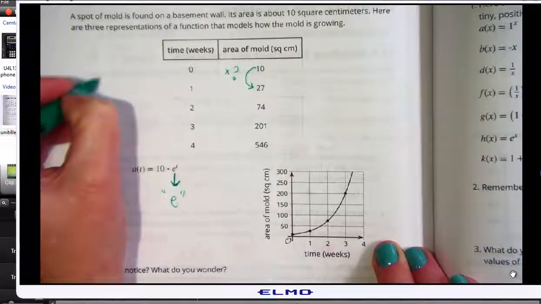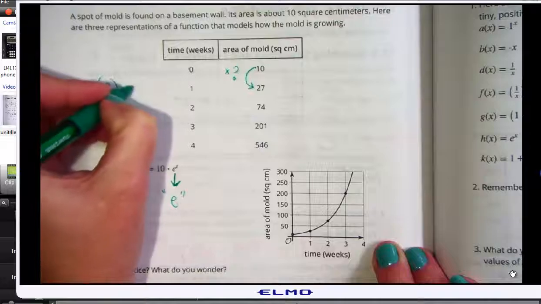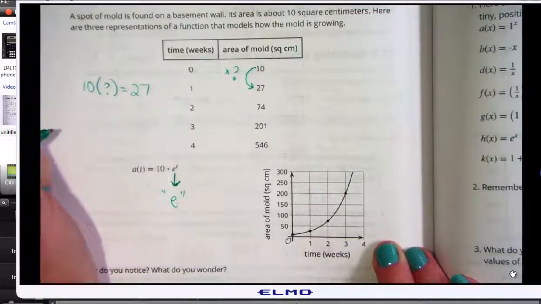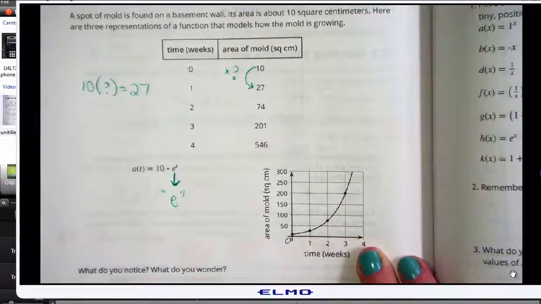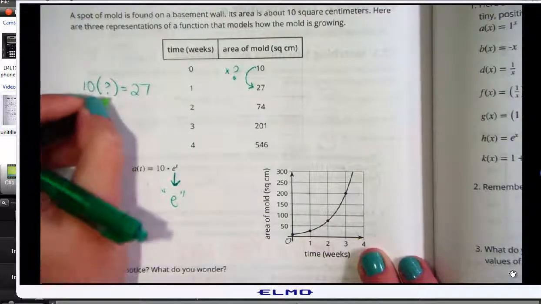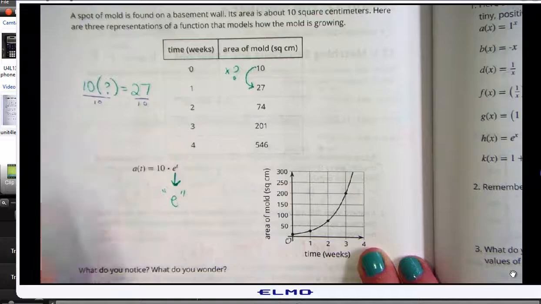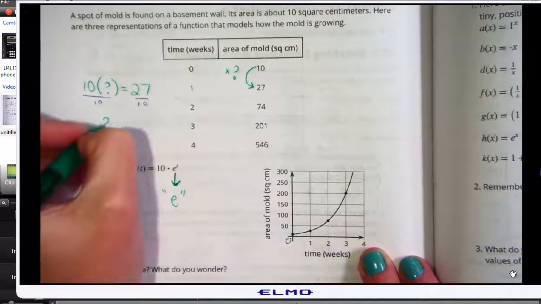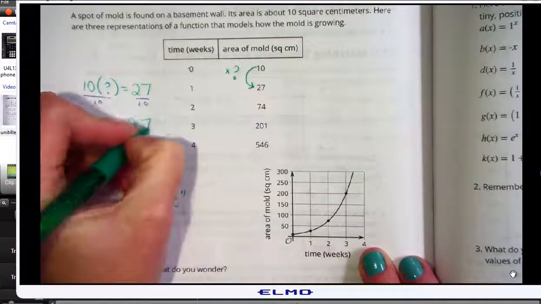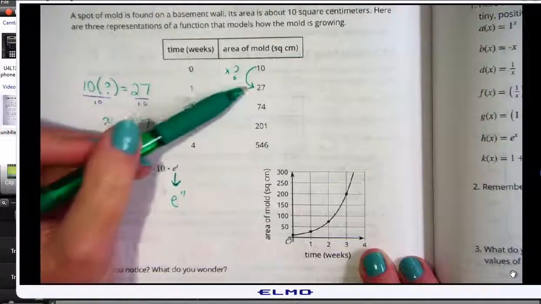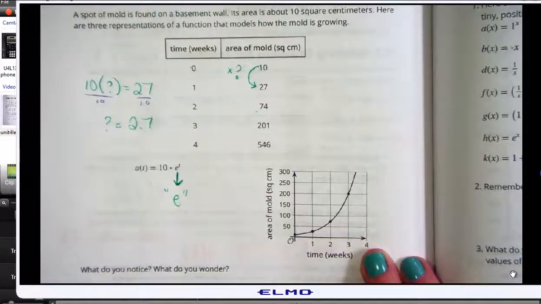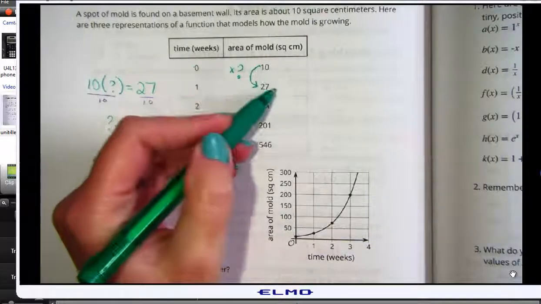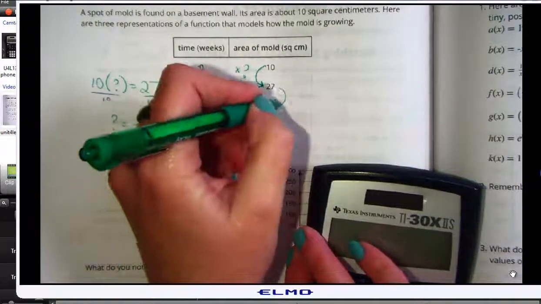Well, if we have 10 times some multiplier to get us to 27, I'm already starting to think of how I'm going to do this. Divide both sides by 10, and we'd find that that growth factor, that multiplier, is about 2.7. And I just want to check if it's the same from our 27 to 74.